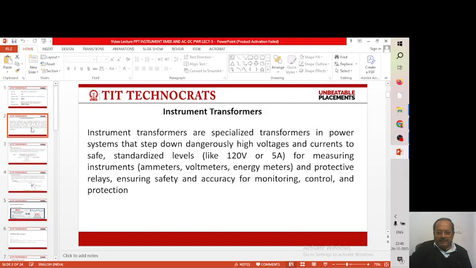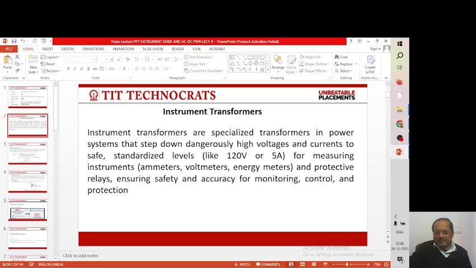So what are instrument transformers? Instrument transformers are specialized transformers in power systems that step down dangerously high voltage or current to a safe level.